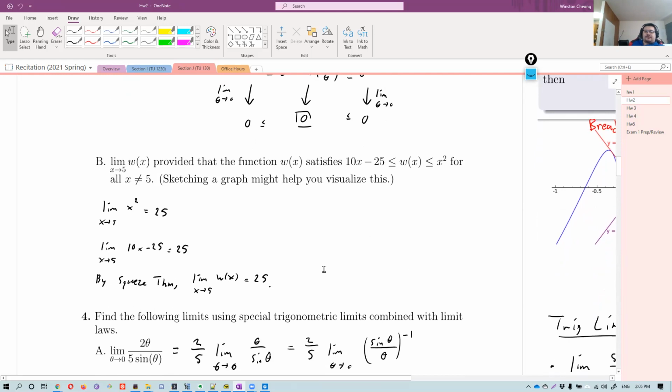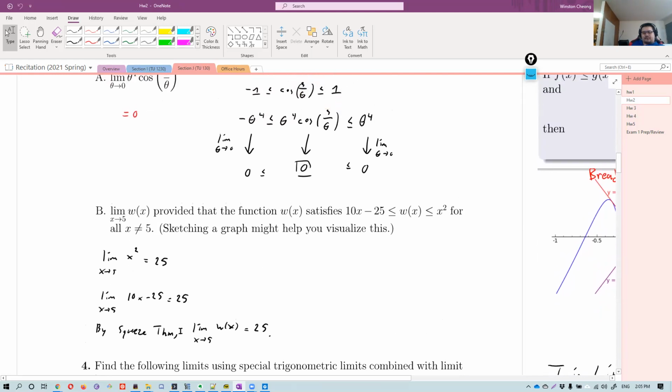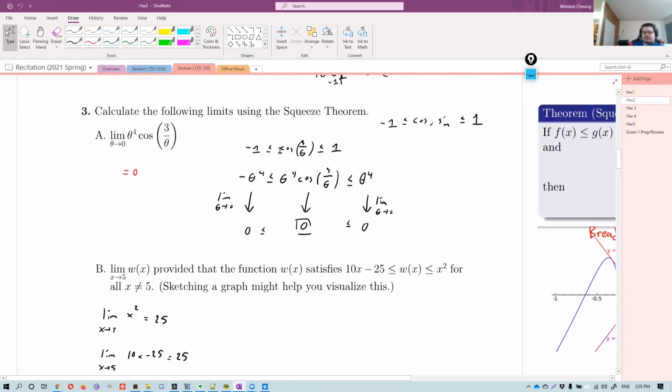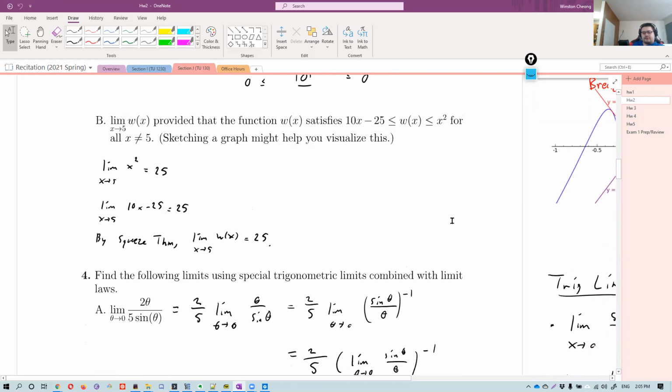And if you wanted to write it in words, part B is more like the way that you would do it, instead of this diagram here. In this case, it gives you the two functions, whereas in the previous one we had to actually find the two, being minus theta to the fourth and theta to the fourth. Here we're given them, and then we just take the two limits as x goes to 5.